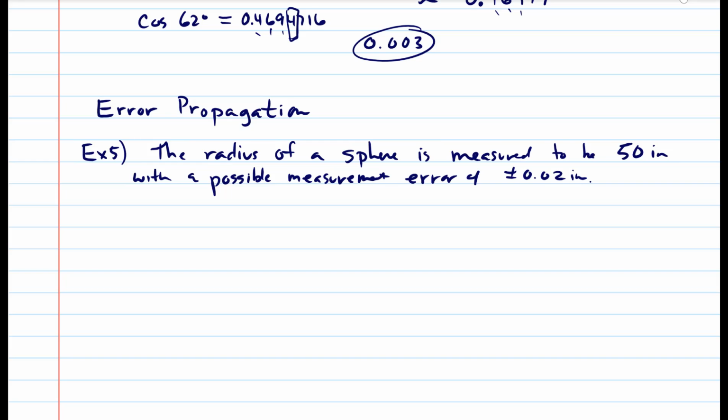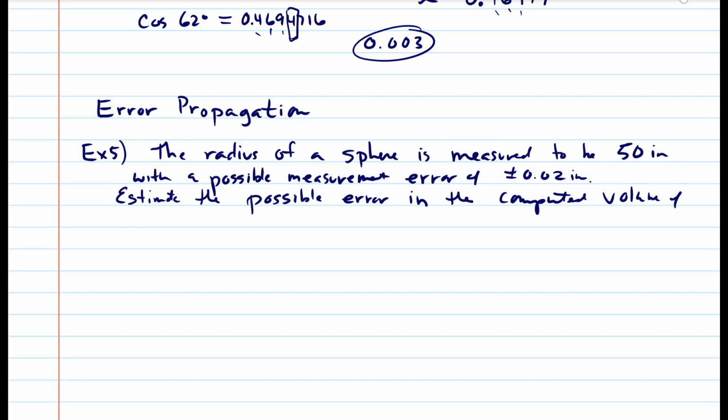Okay, so what's up with that? If the radius is off, anything I'm going to calculate with that radius is going to be off as well. So let's do this here: estimate the possible error in the computed volume of the sphere.